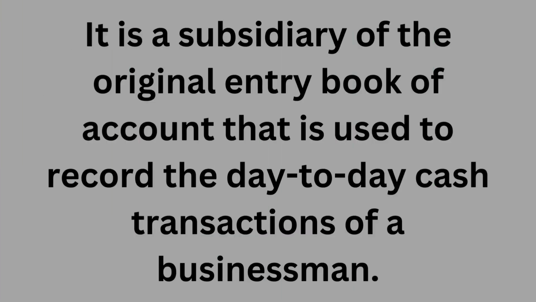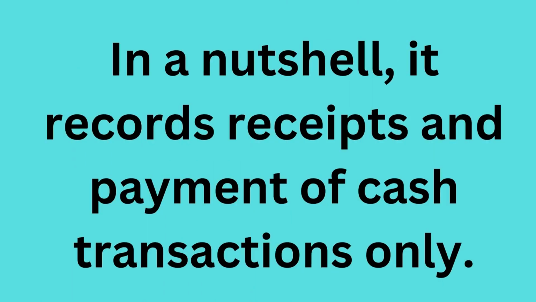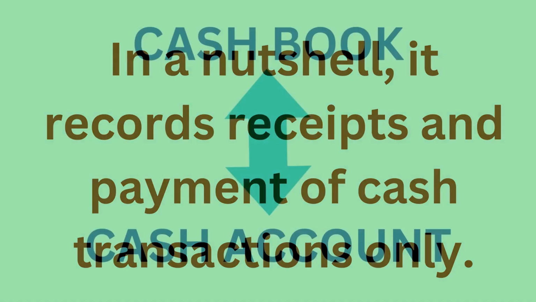It is a subsidiary of the original entry book of account that is used to record the day-to-day cash transactions of a businessman. In a nutshell, it is a type of cash book that is used for recording receipts and payments of cash transactions only. Conclusively, the cash book records all cash transactions that affect the increase and decrease in the cash balance of any given business owner.